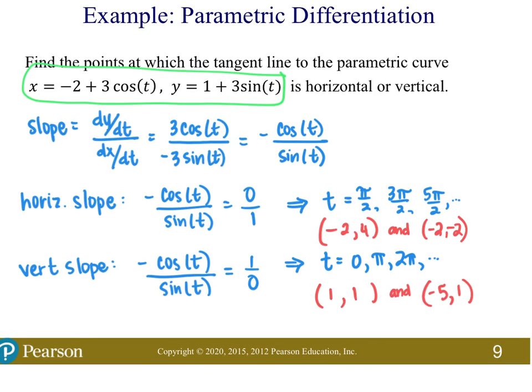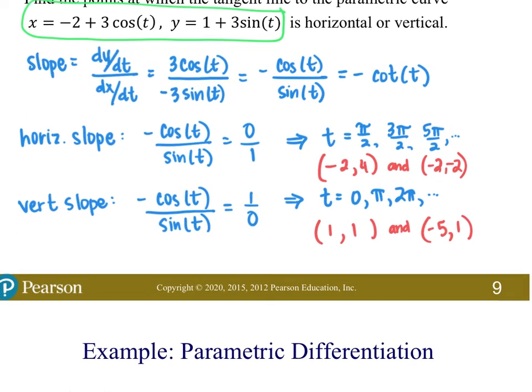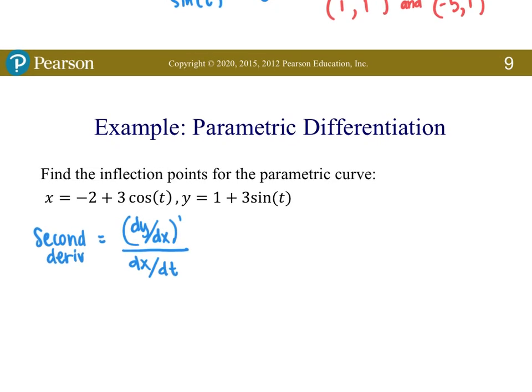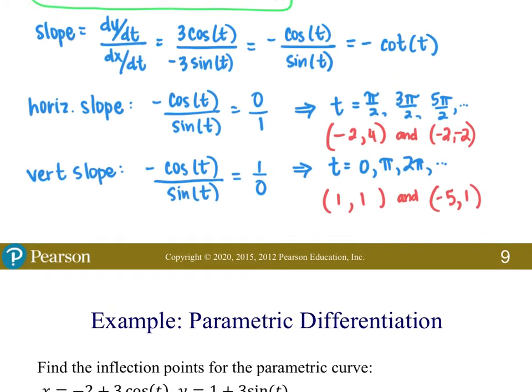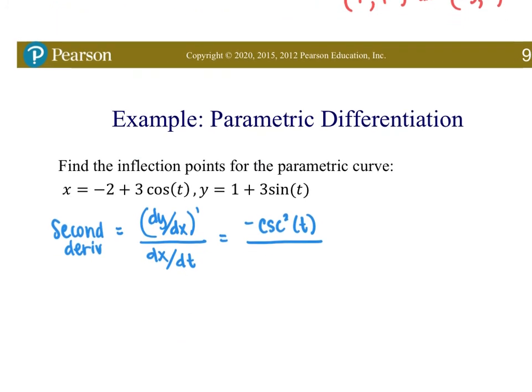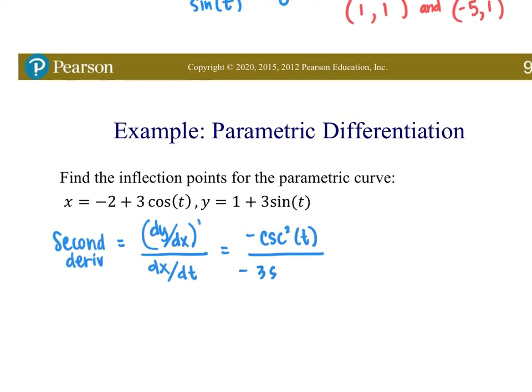Now at this point I will say that's equal to negative cotangent t. So I want the derivative of negative cotangent t, which is negative cosecant squared of t, divided by the original dx dt, let's look back at what that was, negative 3 sine t. So if we simplify this, we are going to have 1/3, so positive cosecant cubed of t.